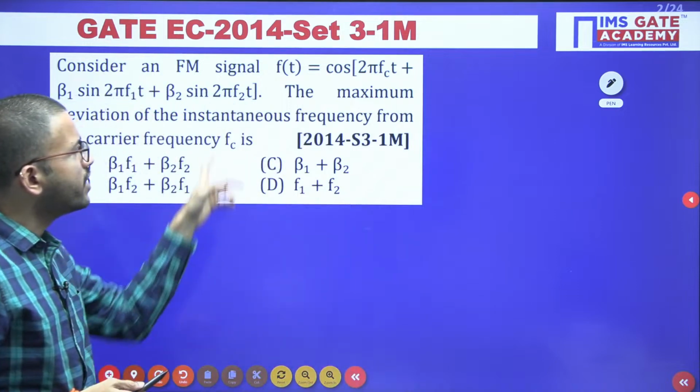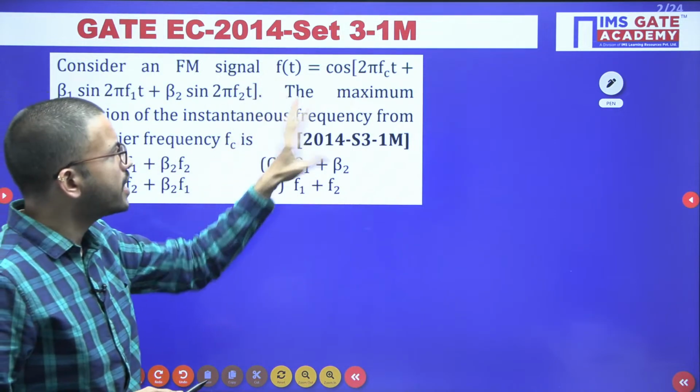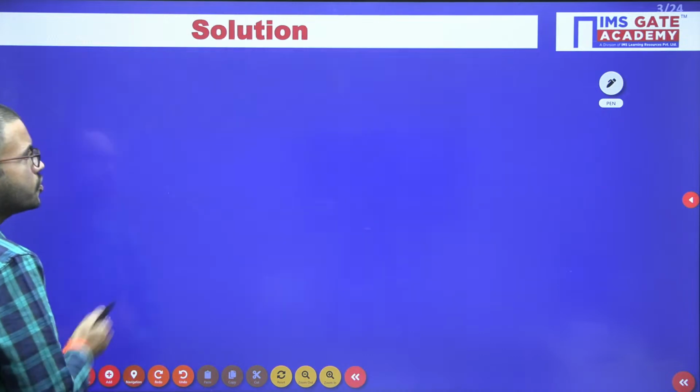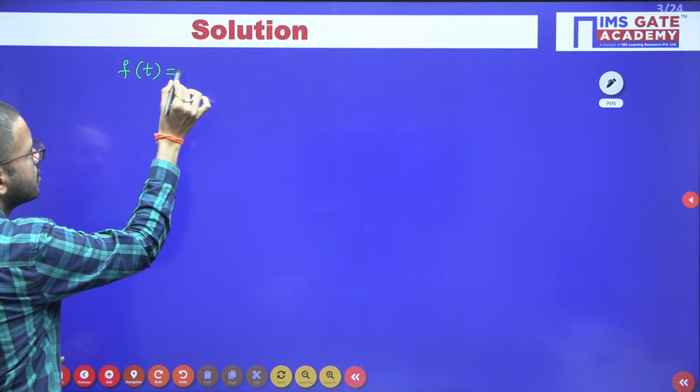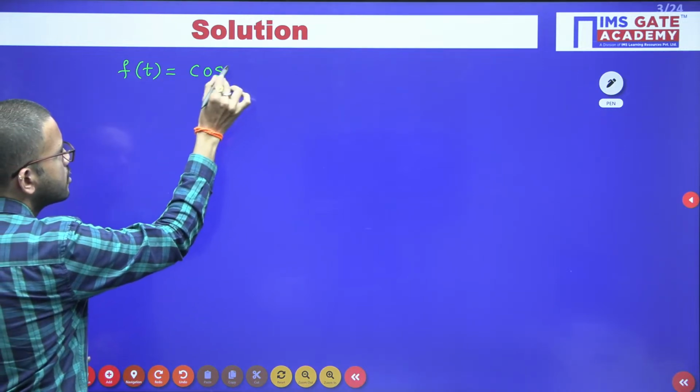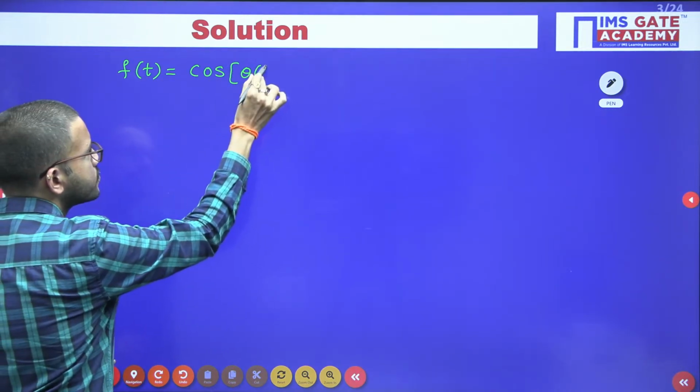First of all, whenever you have any cos signal or sine signal, you can consider the given signal as cos of theta of t.